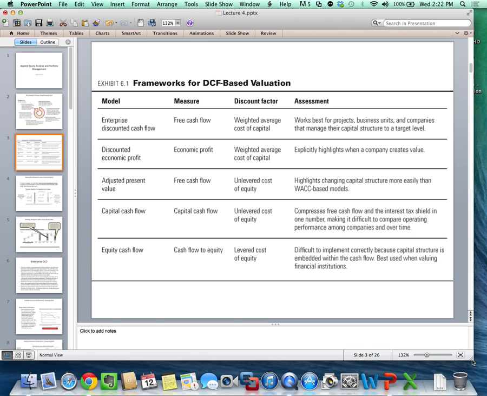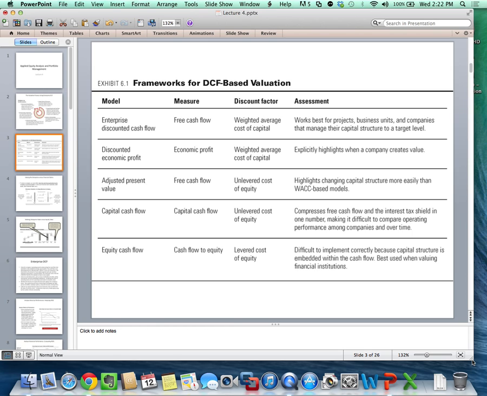Right? The capital cash flow method says you don't have to do that. Instead of breaking the cash flows into three components, valuing the three components and adding them up, you can leave the three components together and just value all the cash flows as one big blob. So technically, it gets you the same answer. But practically, it doesn't give you any insight into the value of the firm.